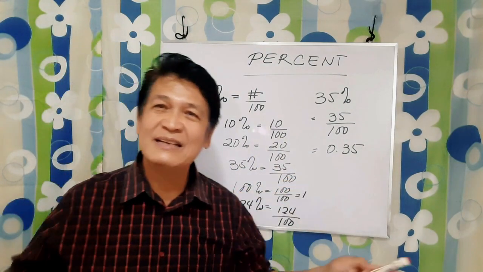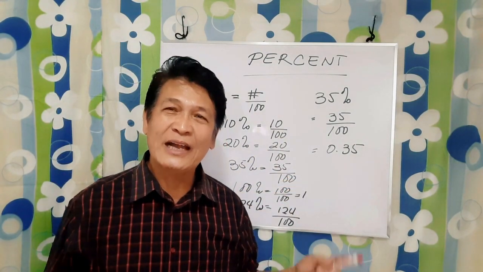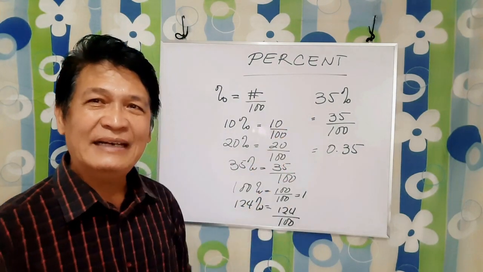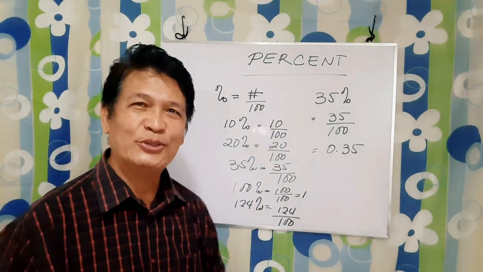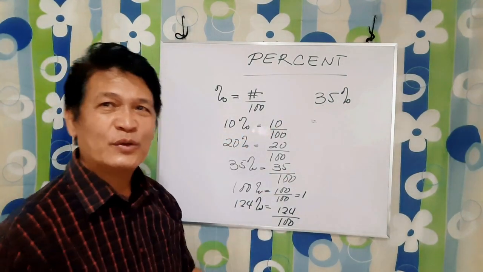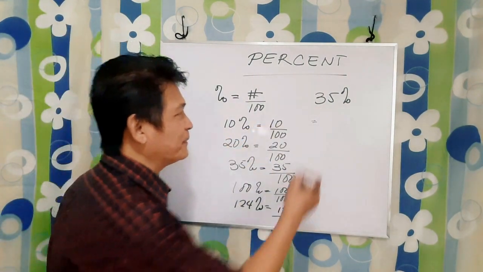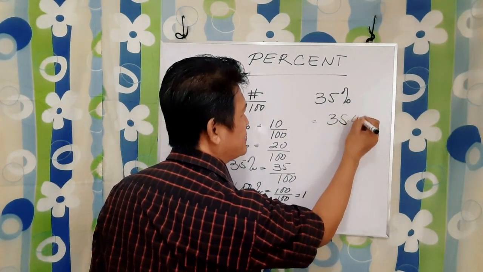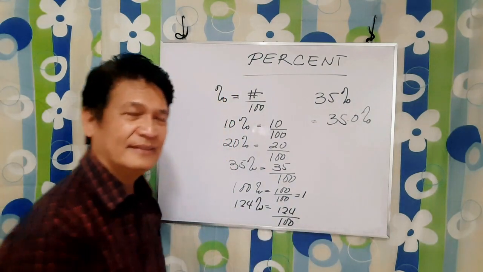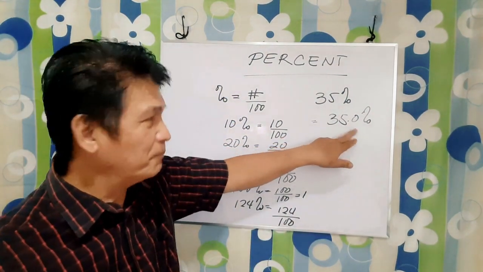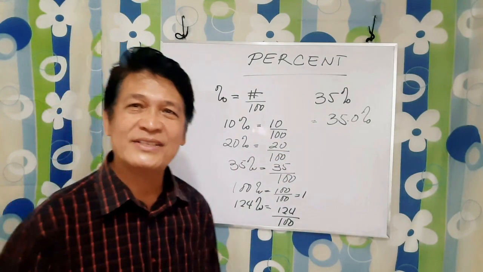But, for example, you do not have a calculator. How do you convert your percent into a decimal? This is how to do it. You have 35%. Another way of writing 35% is 35.0%. So now you have a decimal and the zero, but it does not change the value.